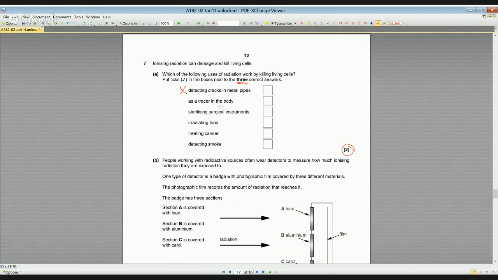So this is most certainly not about killing living cells. It's used in a similar way to an X-ray or an MRI scan as a tracer. So it's not for killing living cells.